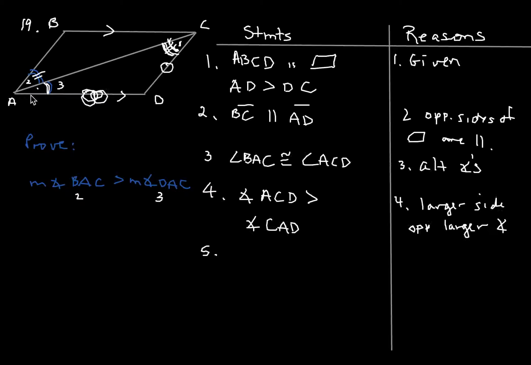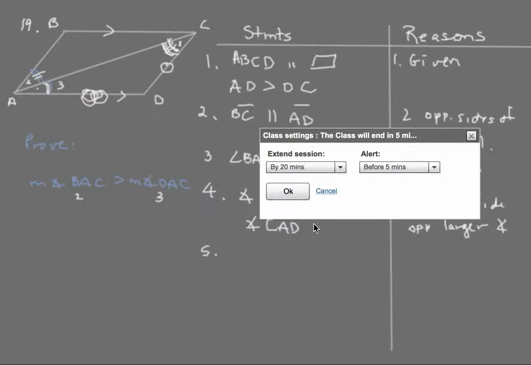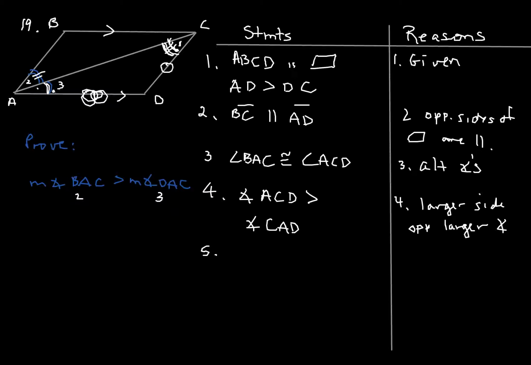If 1 is greater than 3 and 1 is the same as 2, then 2 has to be greater than 3. And we proved our point. It's basically substitution or transitive. When you're comparing greater or less than, you need to put the measure sign in front of them. So we'd say the measure of angle BAC is greater than the measure of angle DAC, and we would call that by substitution.